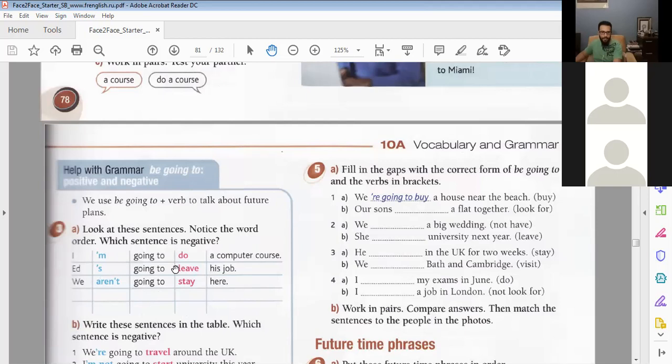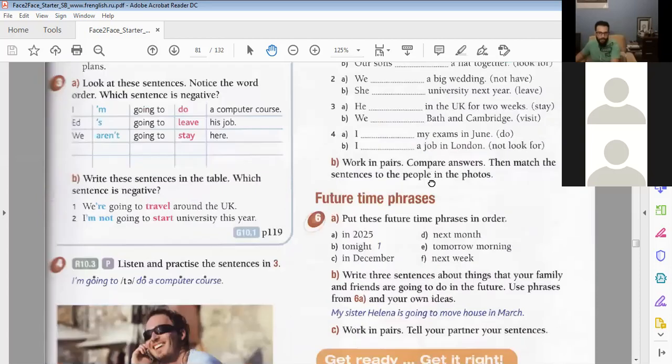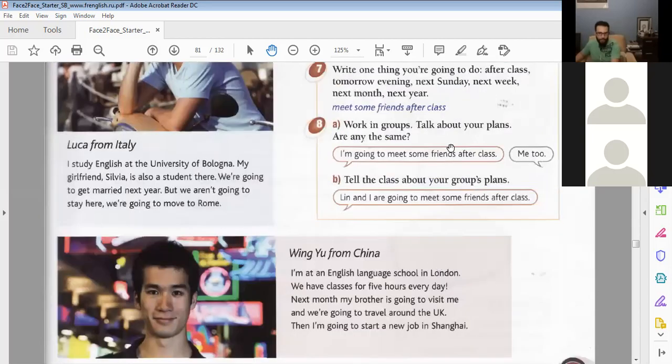Ed is going to leave his job. Manal is going to leave her job. Manal is going to start a new job, for example. Or we can say Basma and Manal aren't going to stay here. Basma and Manal are going to go there. So we will learn how to use be going to.